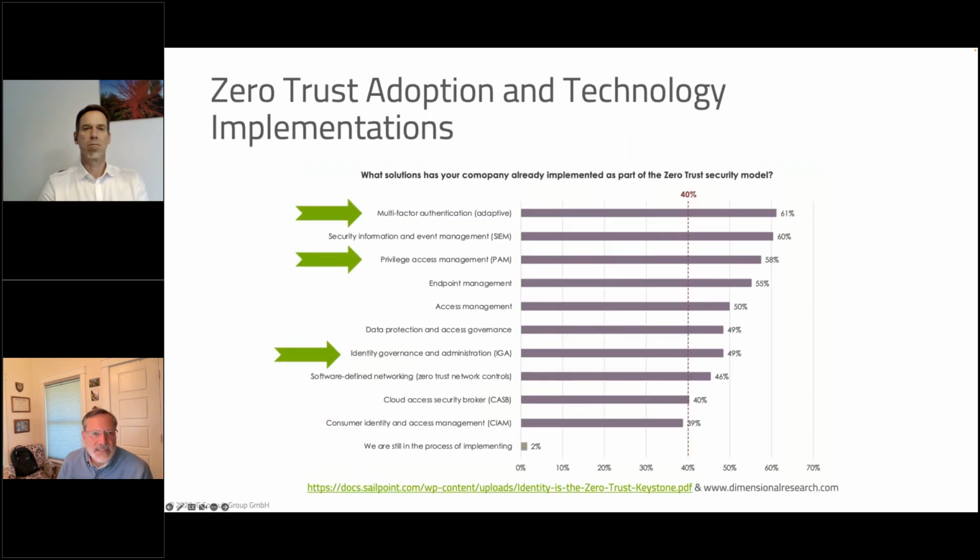Next, the zero trust adoption. In that same document that SailPoint has, that was the survey done by Dimensional Research. They looked at how people are doing in their implementation of a zero trust security model.